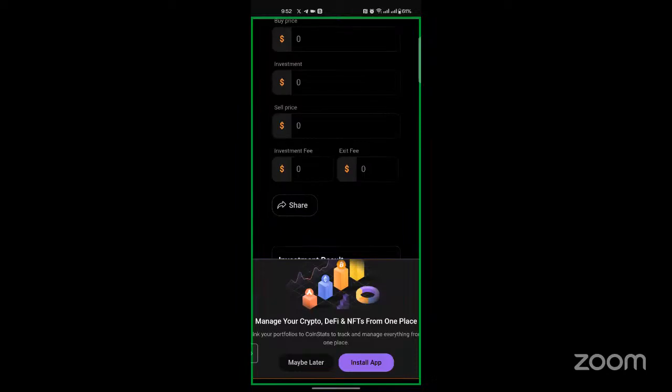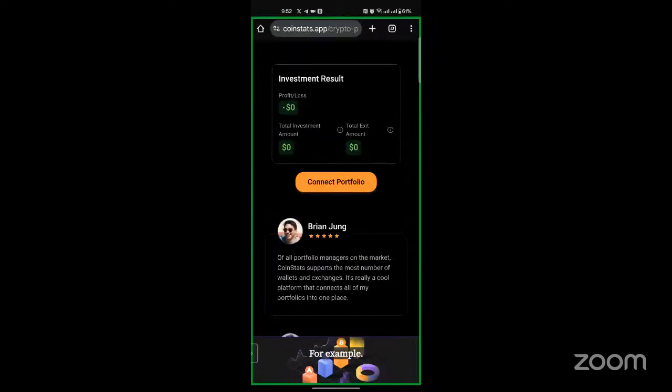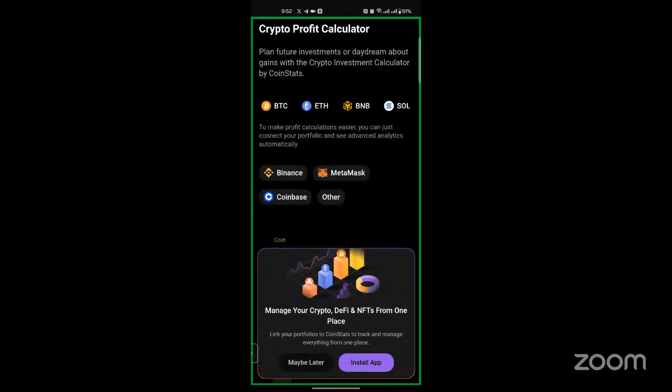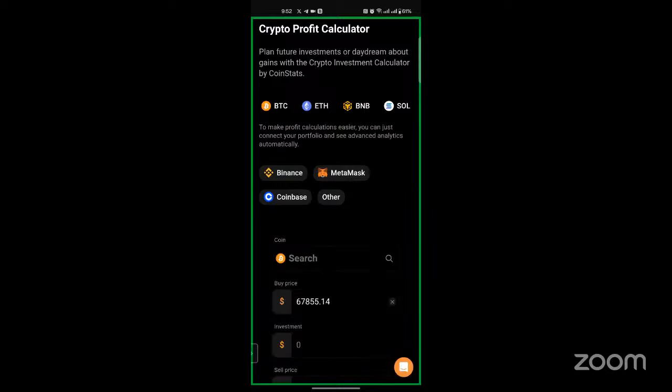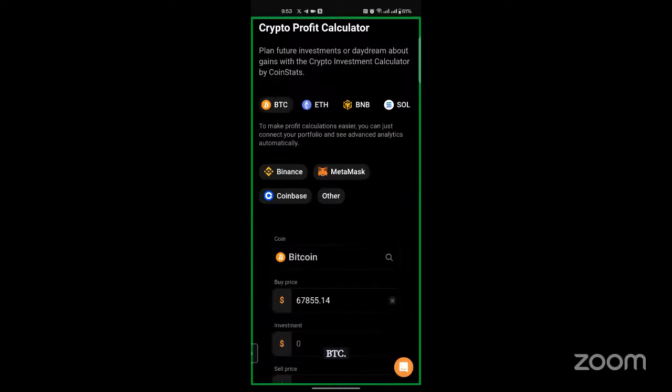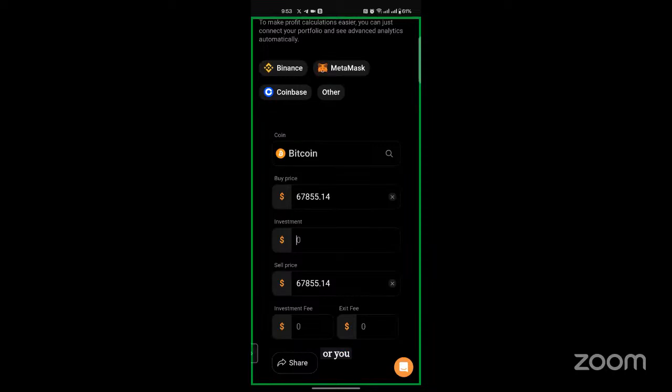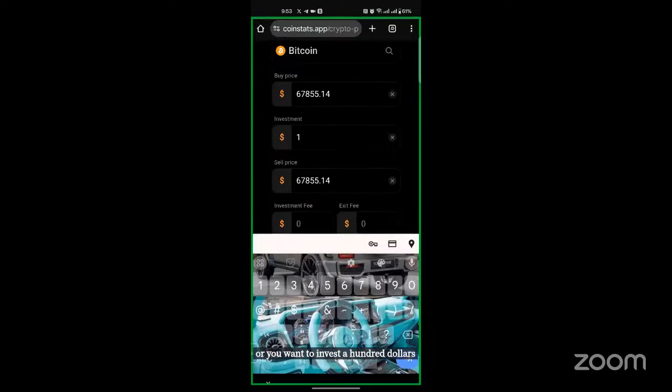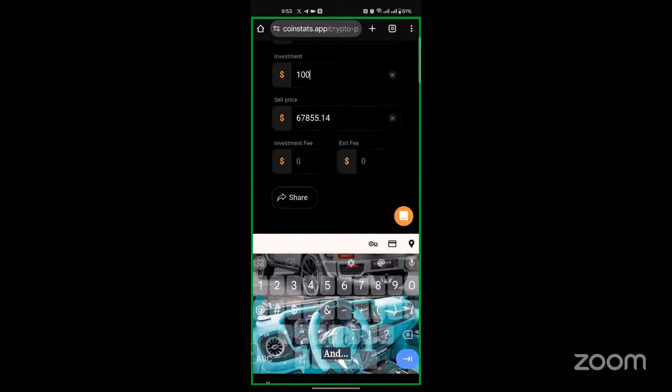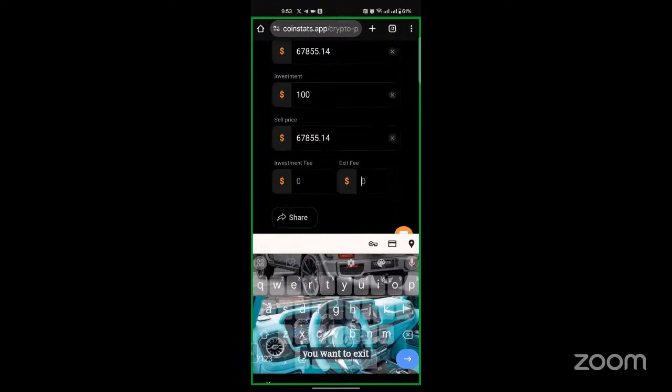For example, BTC, or you want to invest $100, and you want to exit when BTC is at 1 million.